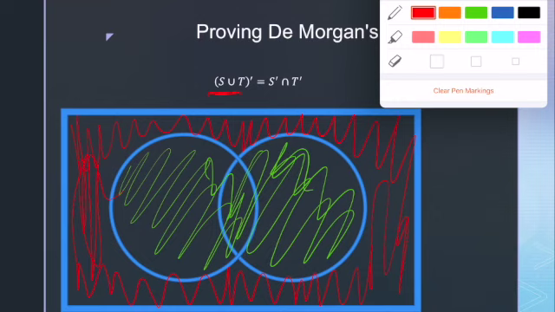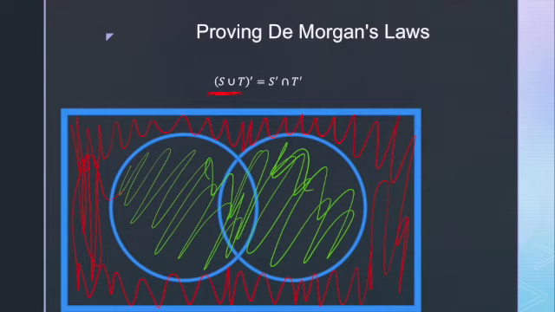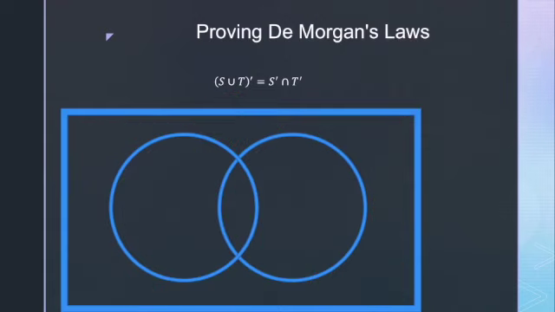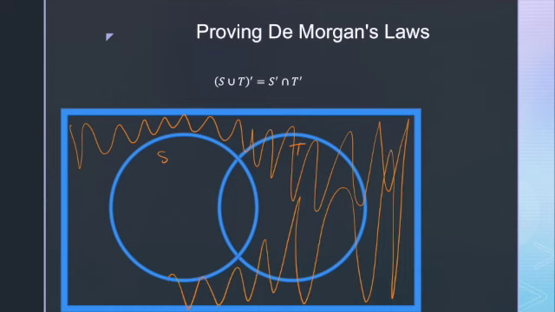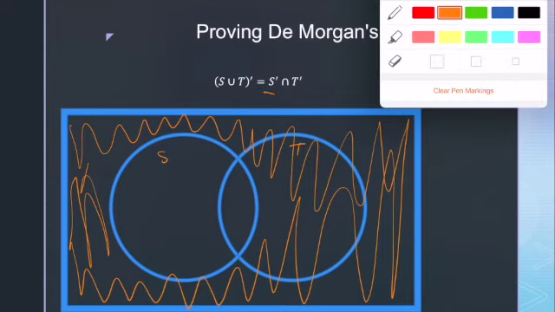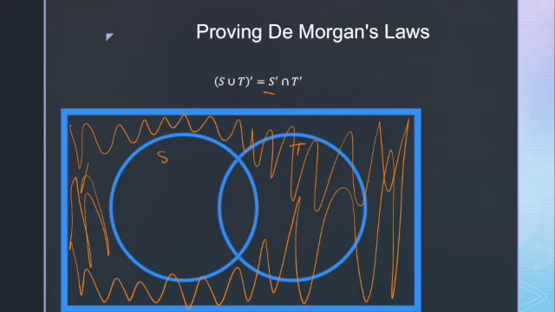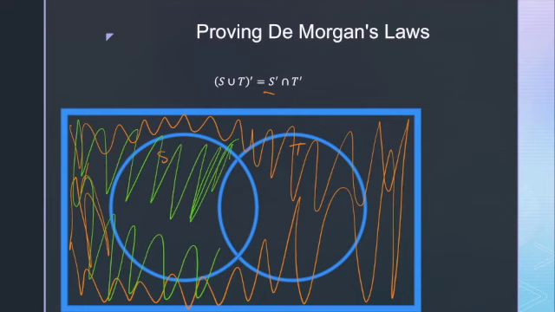So this red right now, that's our union. So first I'm going to clear all pen markings. If I take S prime, that's everything not in S. So that's going to be all of this. And if I take T complement, that's everything not in T. So that's going to be all of this.